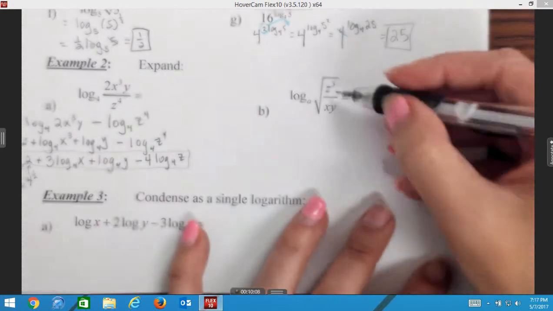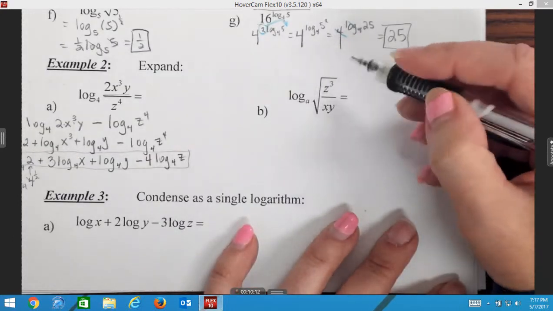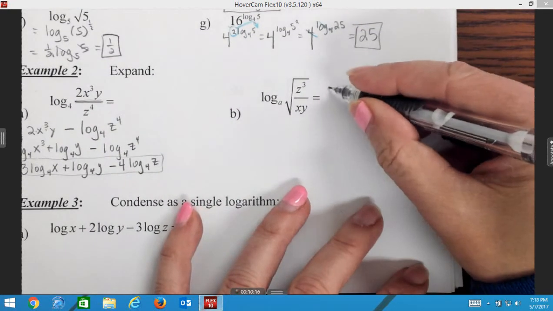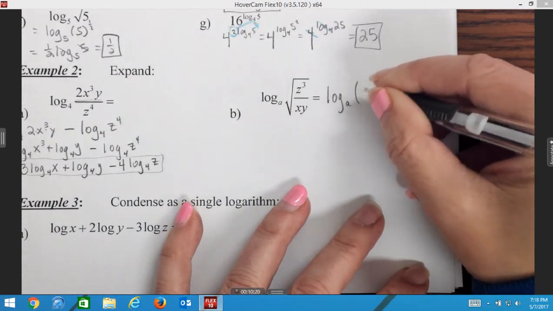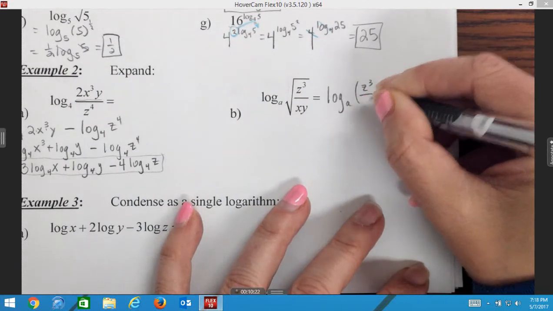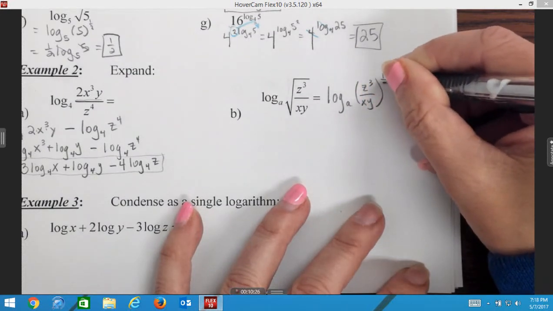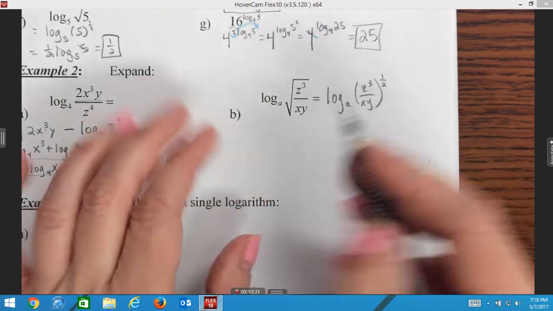All right, this one here has a square root around the entire thing, so I'm going to need to address that first. So we'll have log base A of z to the third over xy, and then that entire parenthesis is to the 1/2 power, same thing as square root. Now we're going to take that 1/2 and we're going to put it in front.